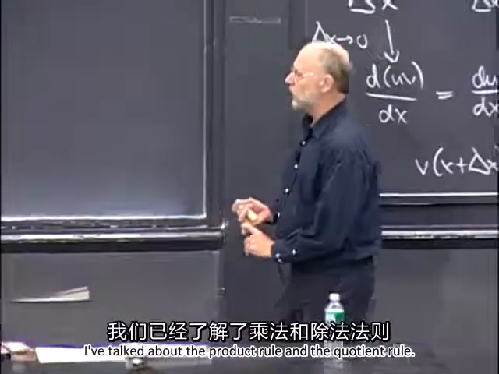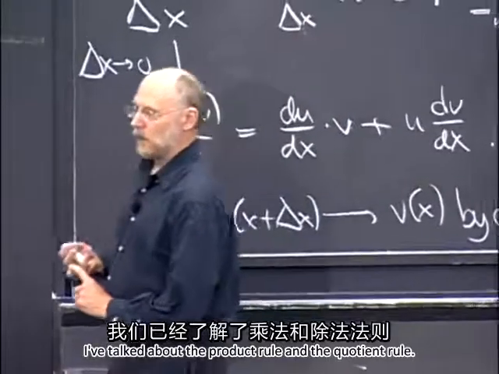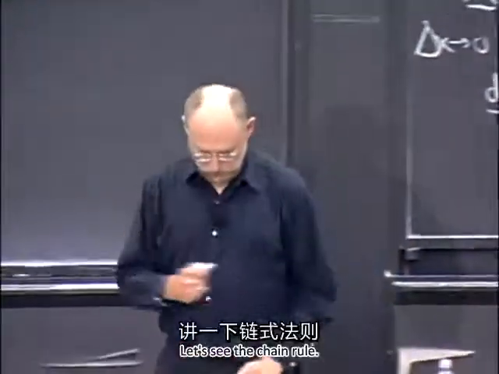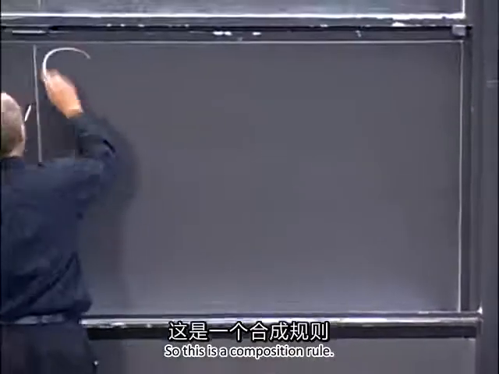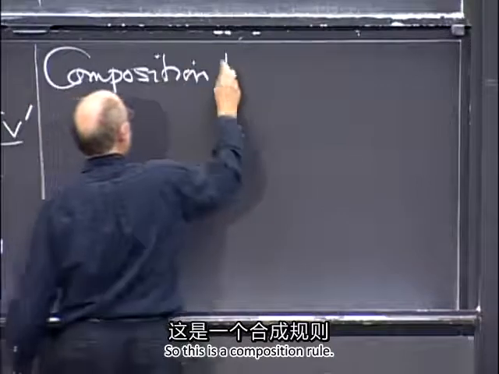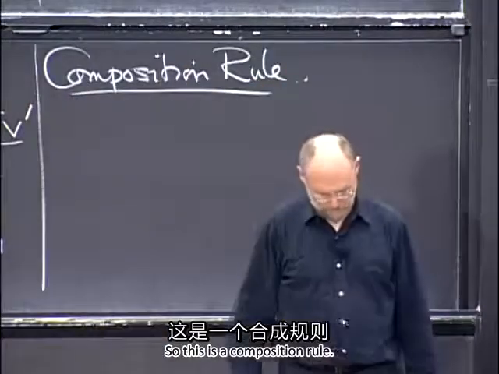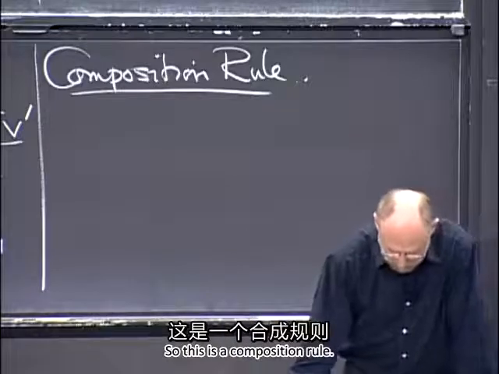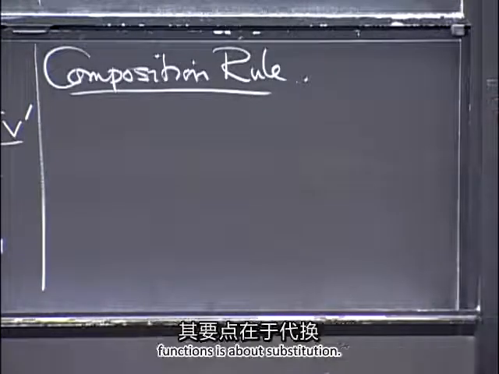Okay, so we've done two rules. I've talked about the product rule and the quotient rule. What's next? Let's do the chain rule. So this is a composition rule. The kind of thing that I have in mind, composition of functions, is about substitution.